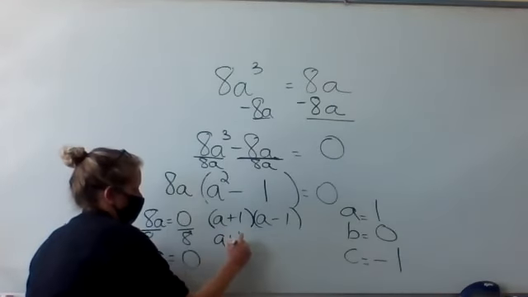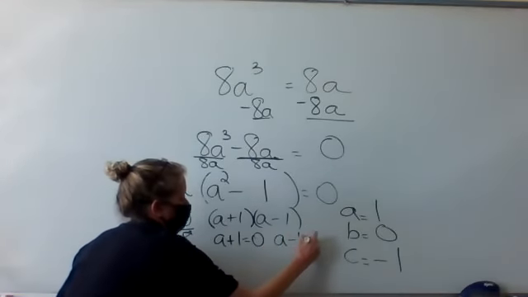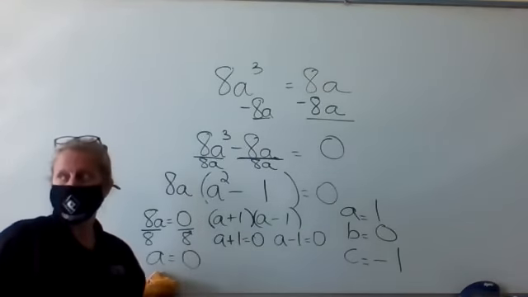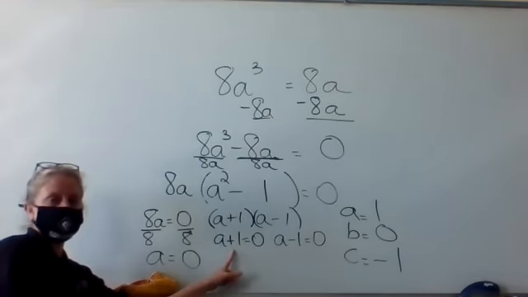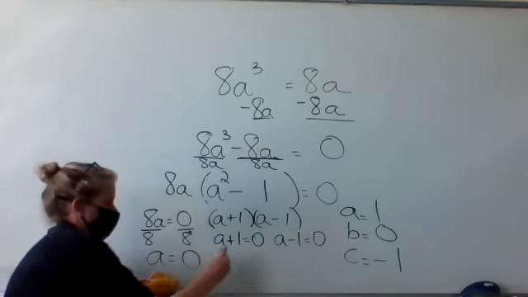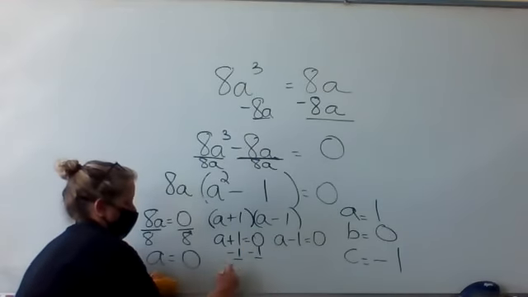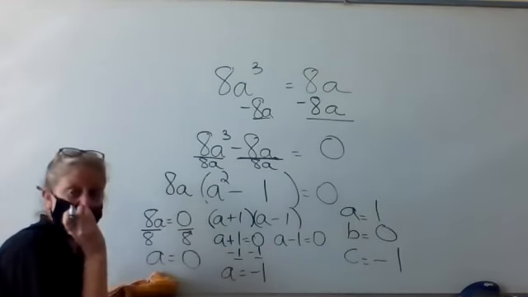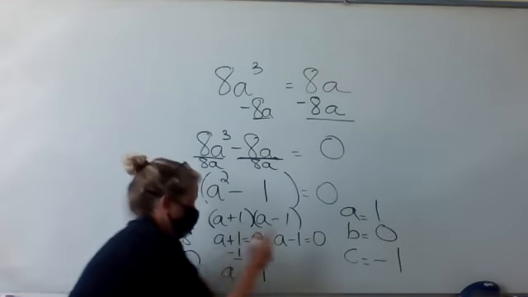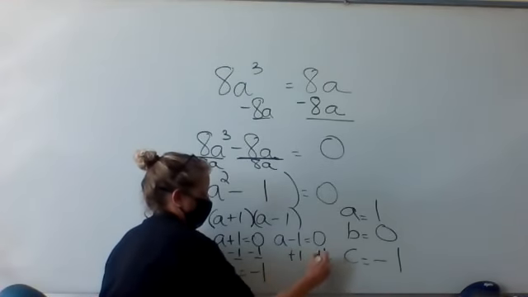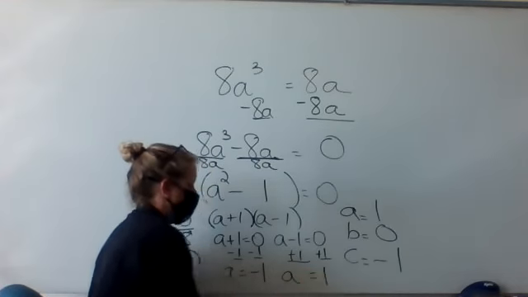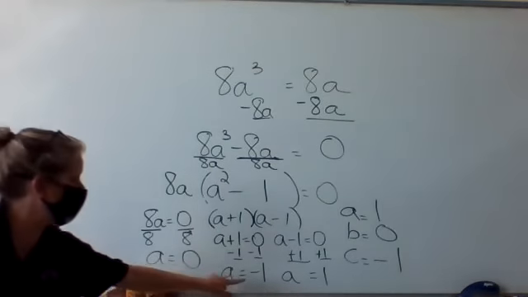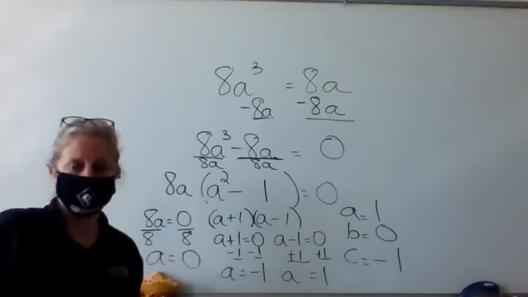If you set them equal to 0 and solve them for a, that means here I'd have to subtract 1 from both sides. So a would also equal negative 1. Here I'd have to add 1 to both sides. So a equals positive 1. So your answers are 0, negative 1, and positive 1.